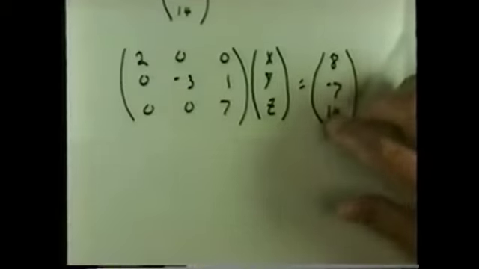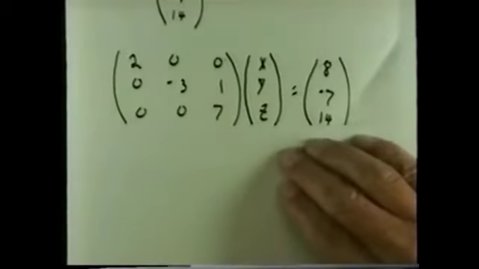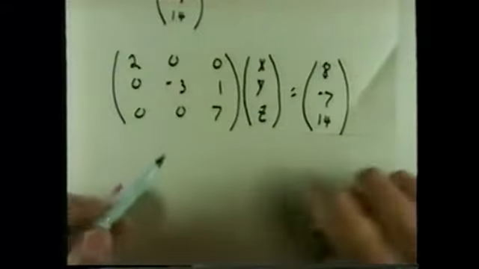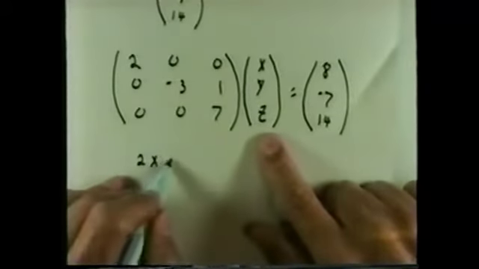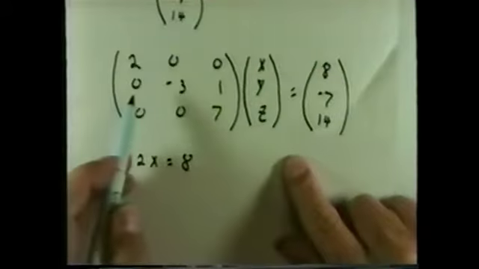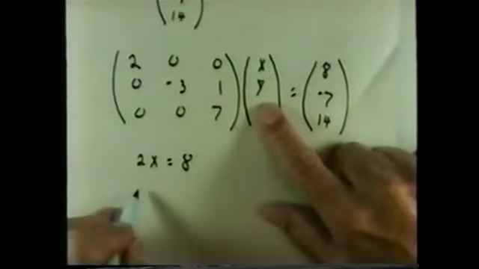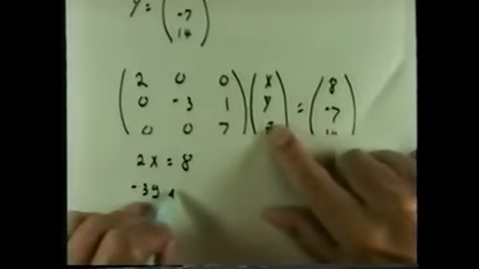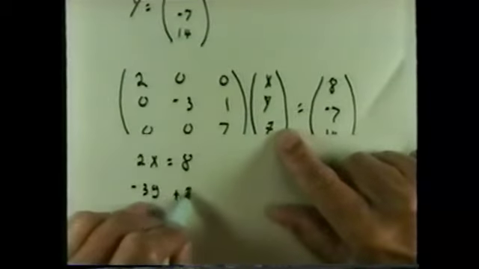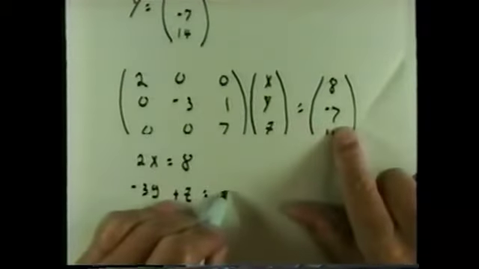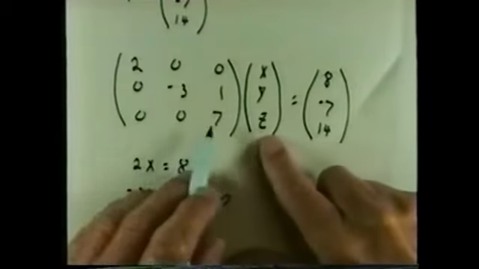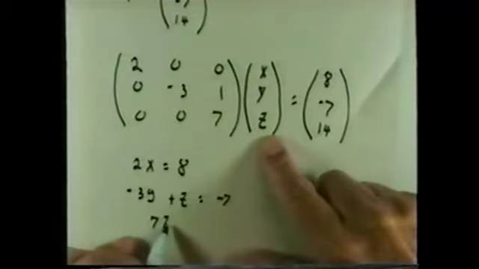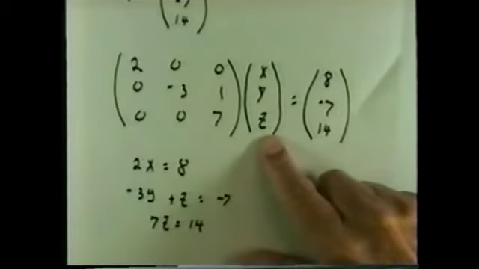Okay, write this out in equation form, and we can solve this by simple back substitution as well. 2x plus 0y plus 0z, so I get 2x is equal to 8. 0x minus 3y plus z is equal to negative 7. 0x, 0y, 7z is equal to 14.